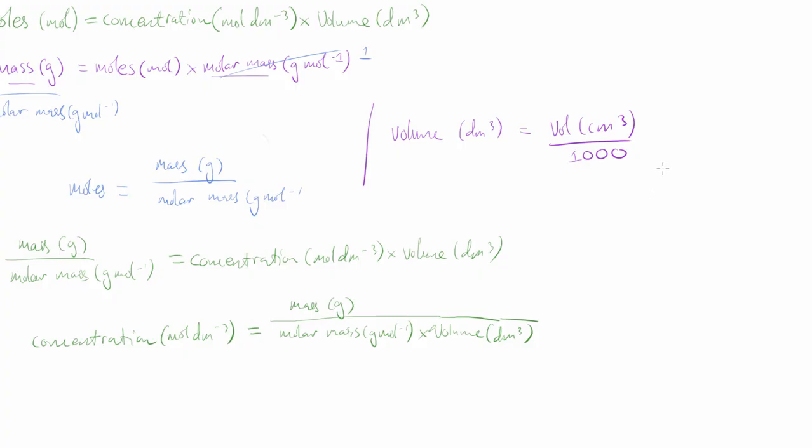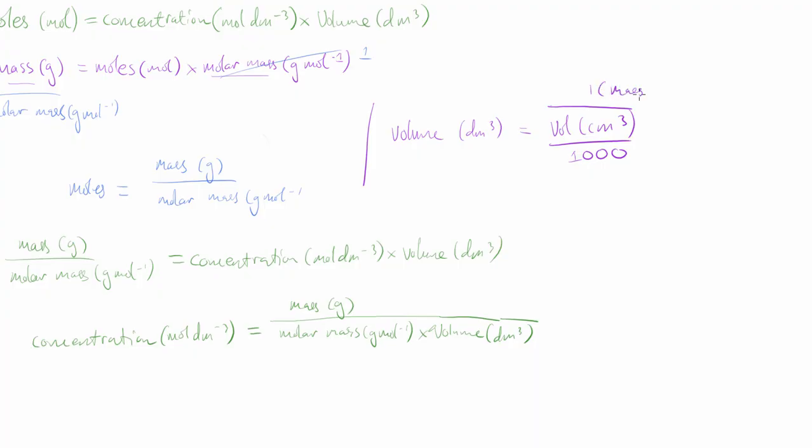The reverse, therefore, if we now substitute that into the equation we have, you notice that because the volume is on the bottom, it's effectively like 1 over volume over 1,000, and this is the mass.